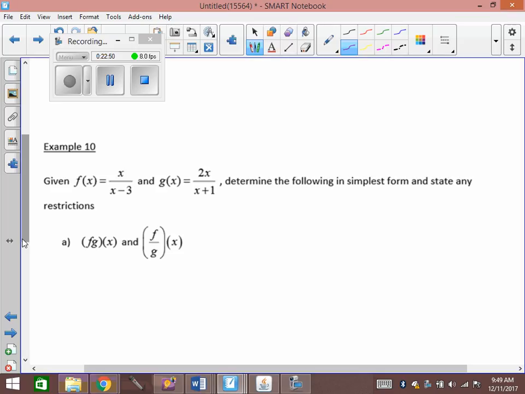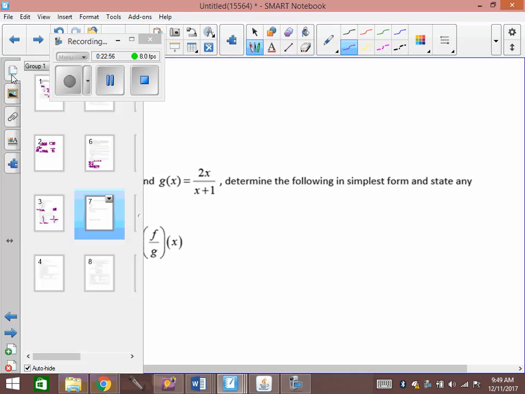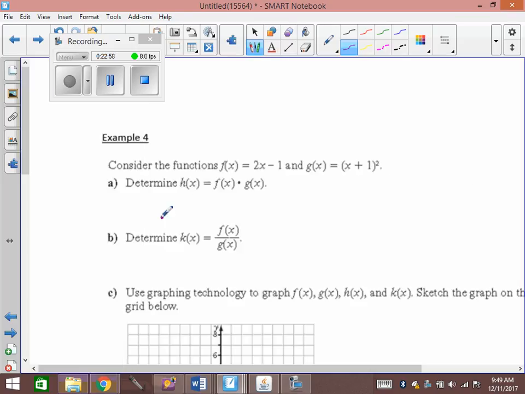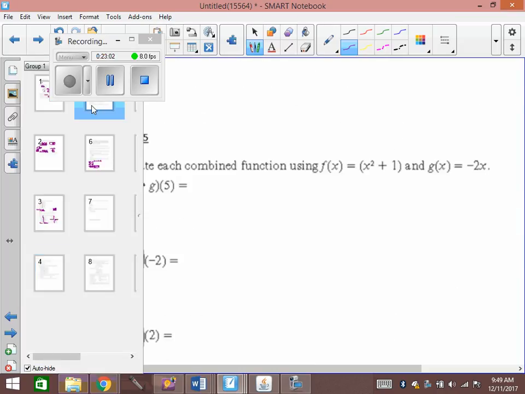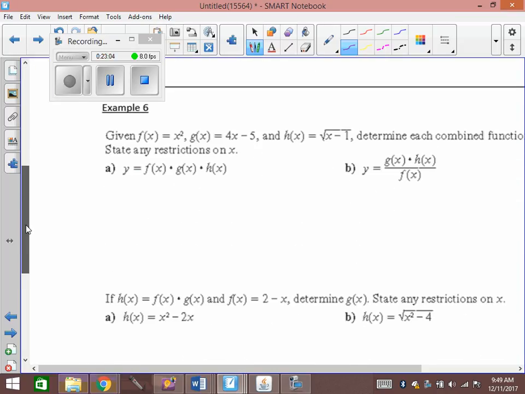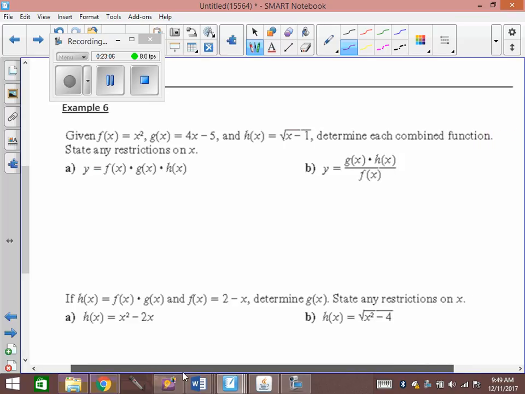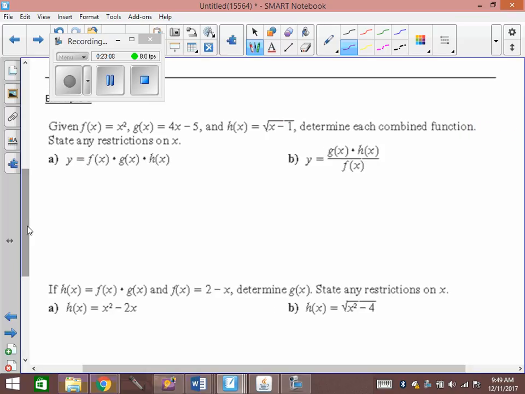Go back to example 6. Example 6 back here. They give you information and ask you to find certain things that are missing.